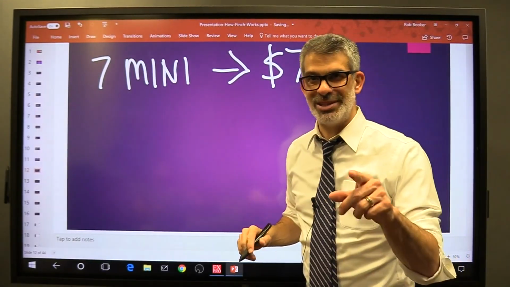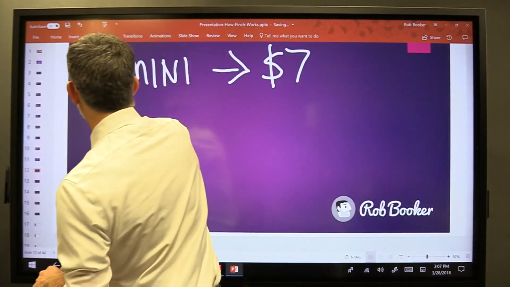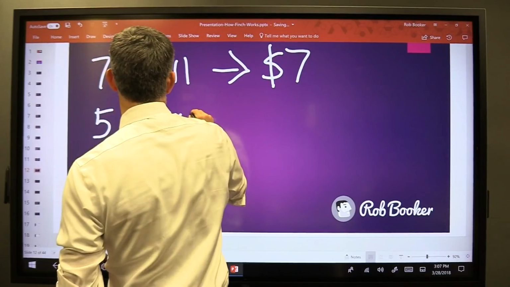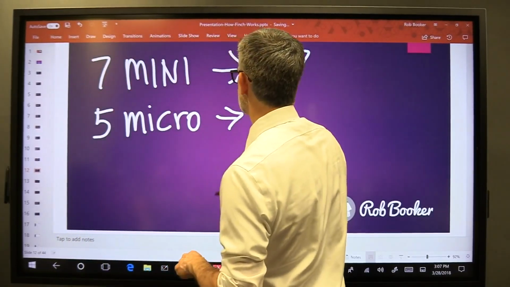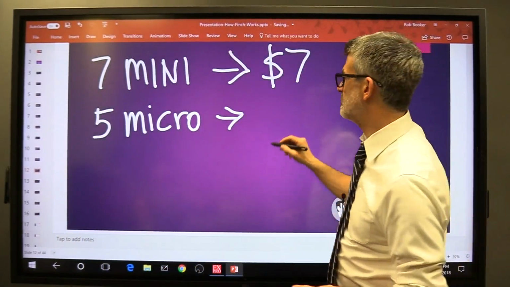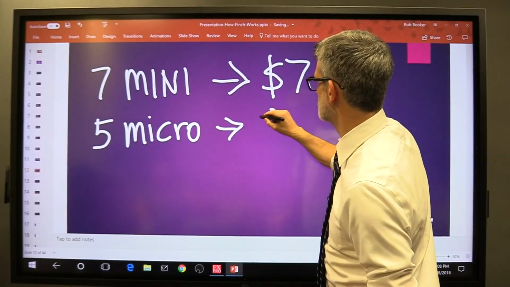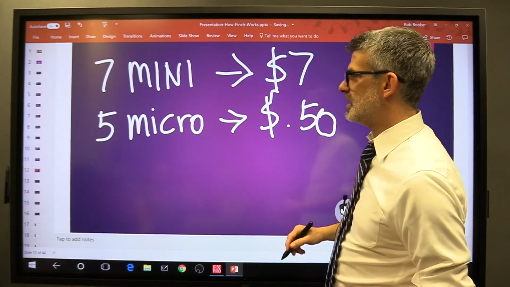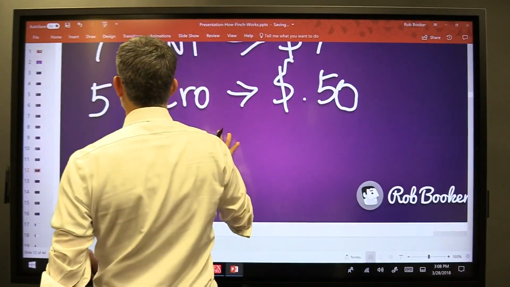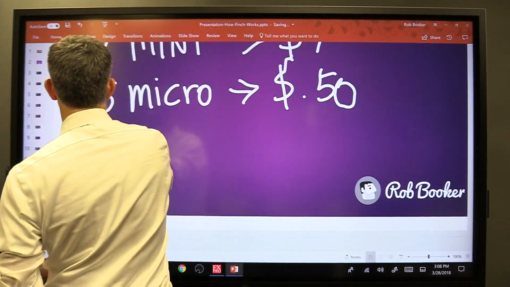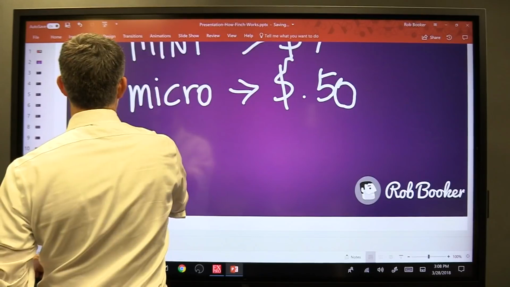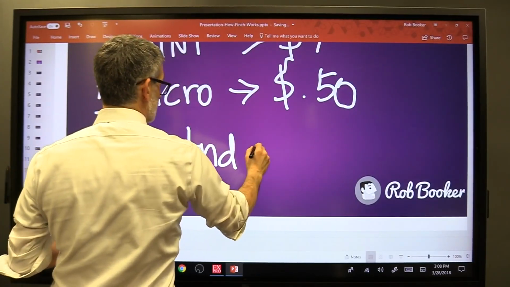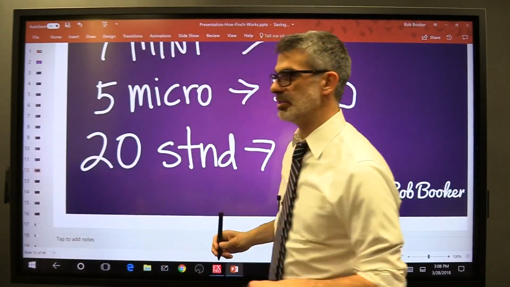If you have made 10 pips on 5 micro lots, how much money have you made? 50 cents. Or 50 pence or whatever. This is great. If you have made 10 pips with 20 standard lots, how much money have you made?